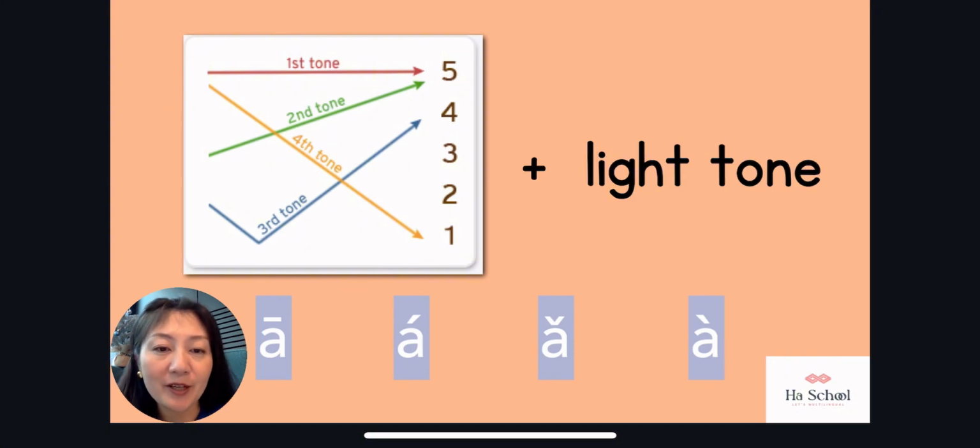So when you hear a rising tone, it's very likely to be a second tone. I will tell you later why I said very likely, because sometimes a third tone can sound like a second tone. The third tone starts from a high pitch, then goes down and climbs up like a.